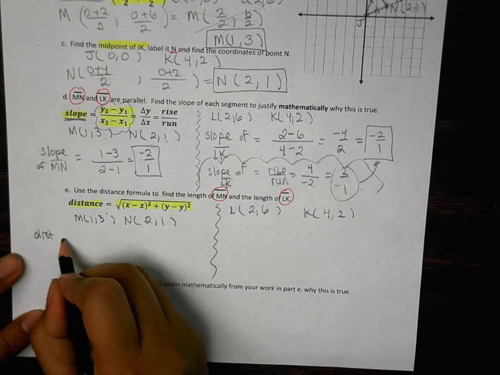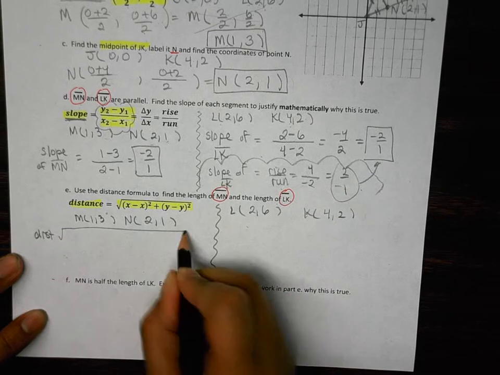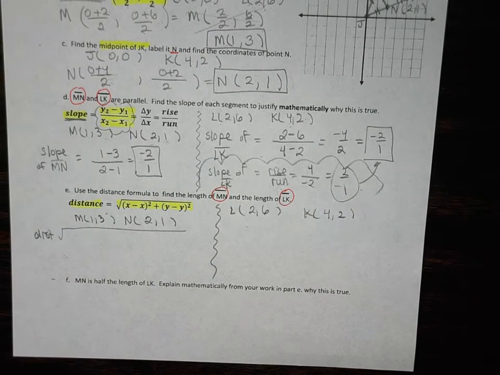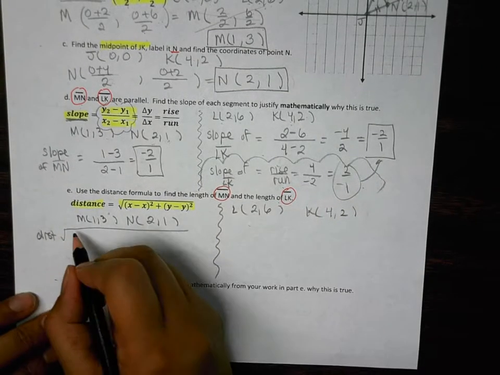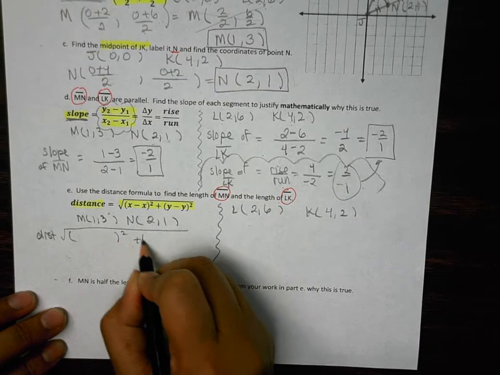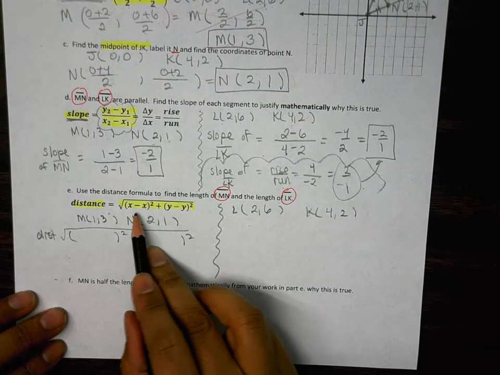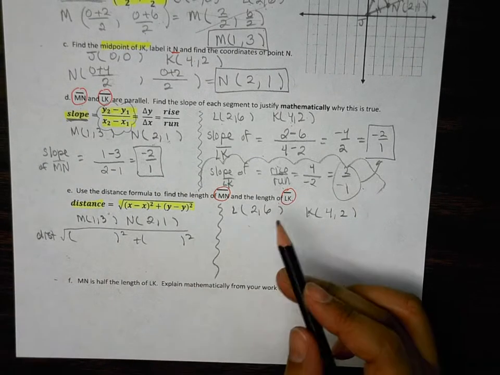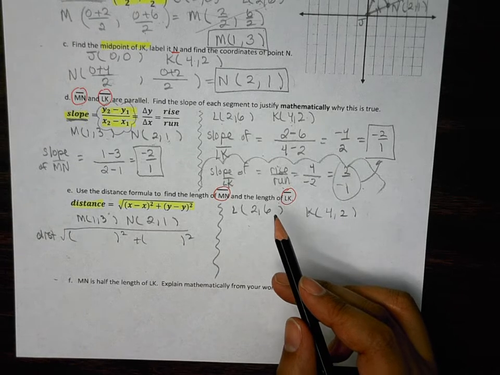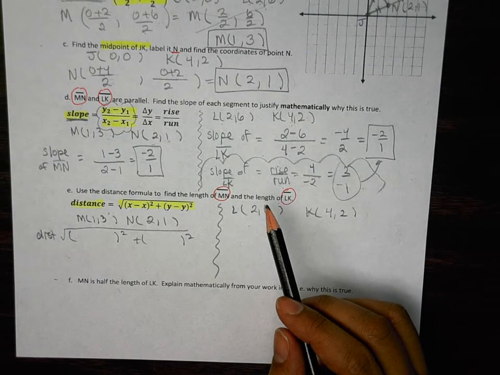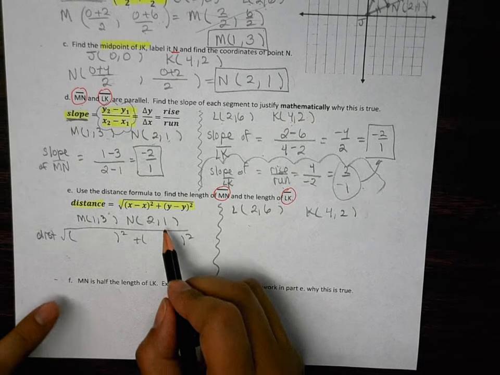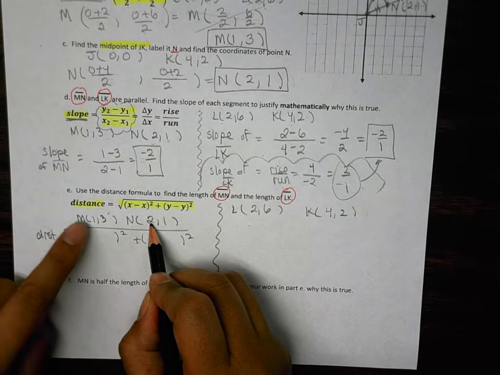All right, distance. All right, I'm going to put quantity squared plus quantity squared. It just says x minus x and y minus y. It's because it doesn't matter. I'm just going to stick with the way we do it for the slope. x2 minus x1.